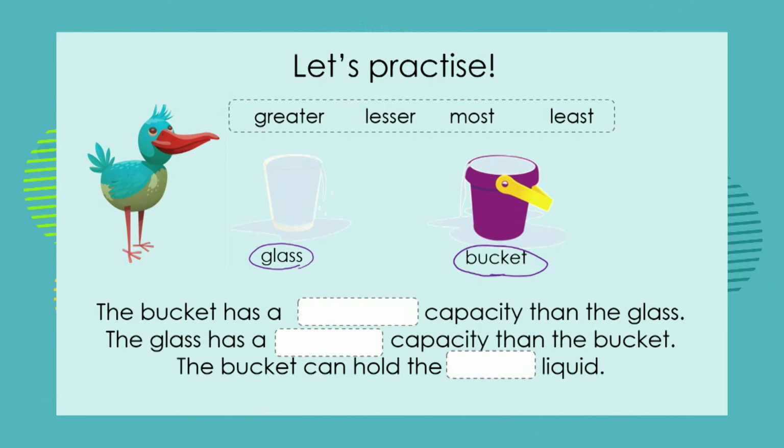Just looking at these two pictures of the glass and bucket, what word would you use to describe them? Very good, grade ones. We would say that the glass and the bucket are both overflowing.